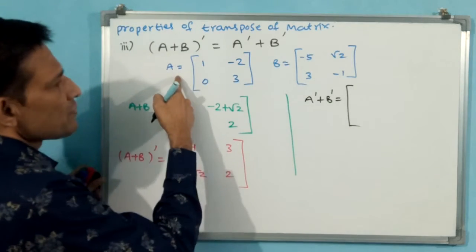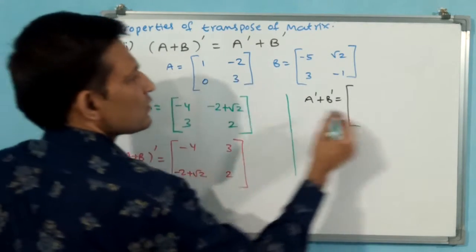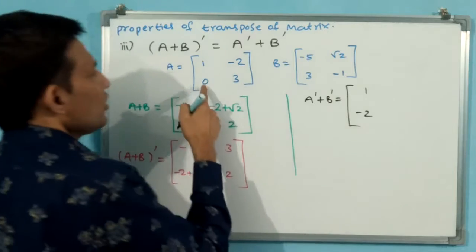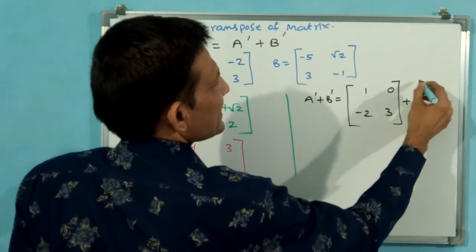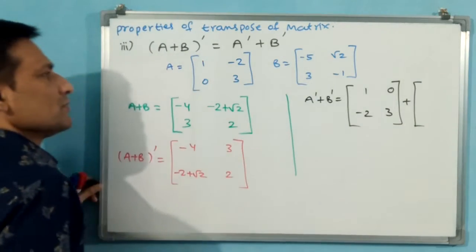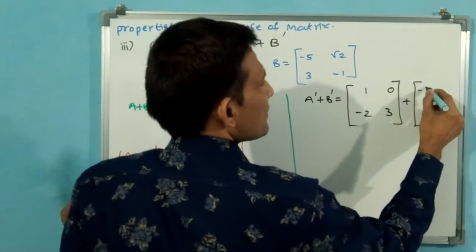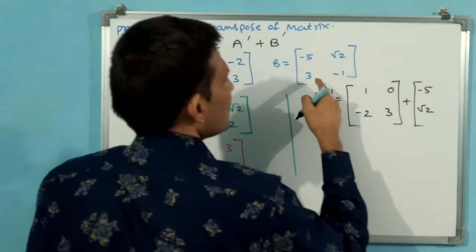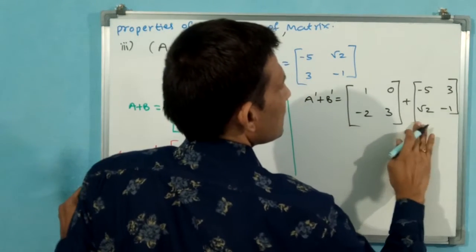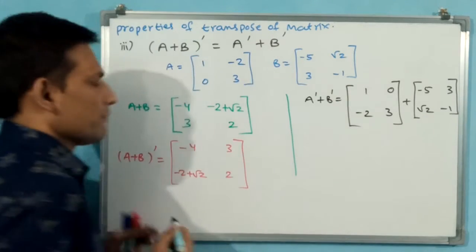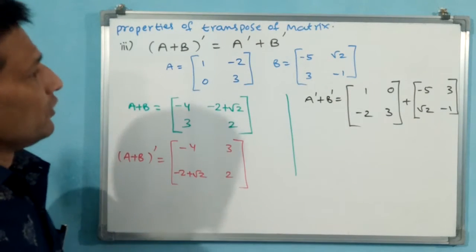First I am doing A transpose. You see, 1, minus 2 is going to become a column. 0, 3 is going to become a column. Plus B transpose: minus 5, root 2 is going to become a column, and 3, minus 1 is going to become a column.